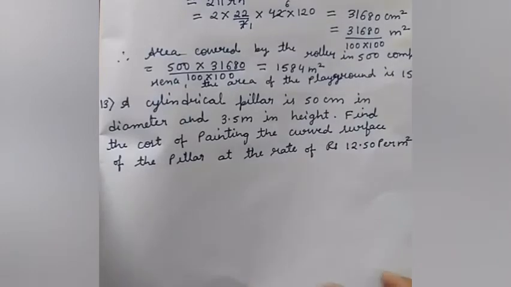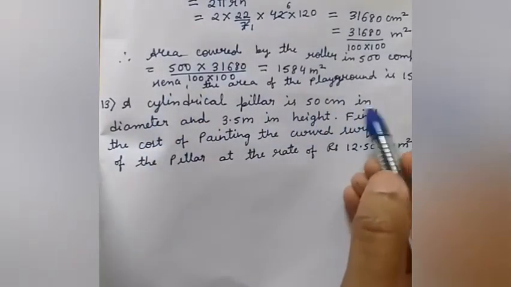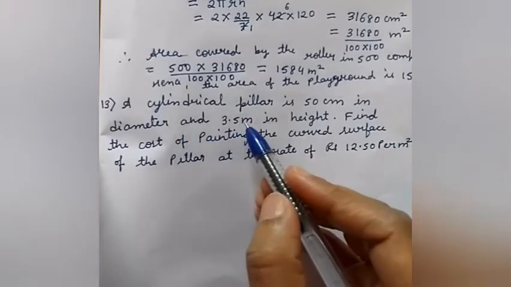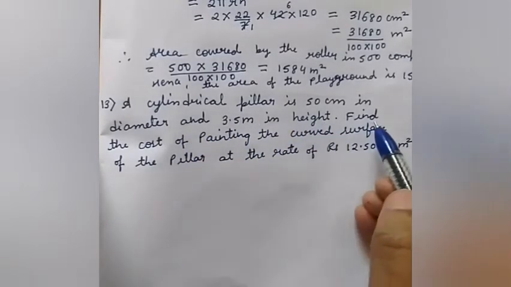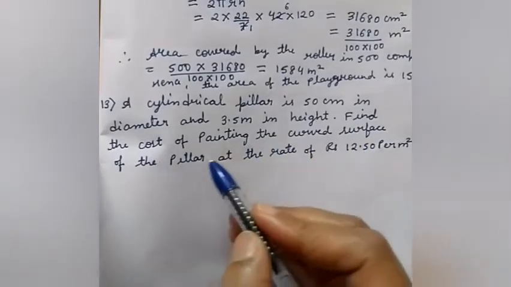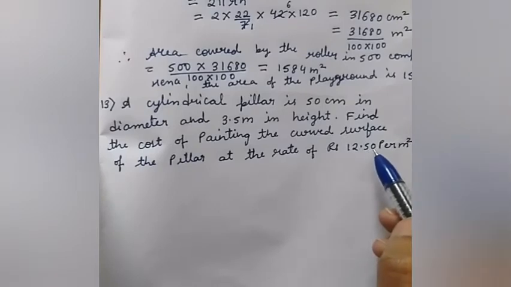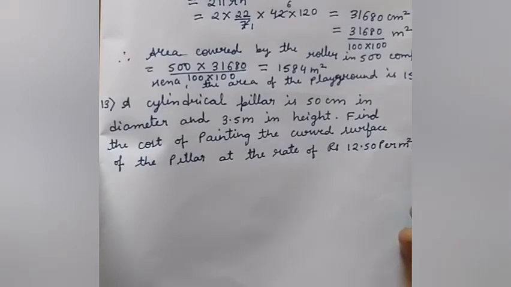Now the 13th question given here is, a cylindrical pillar is 50 centimeter in diameter and 3.5 meter in height. Find the cost of painting the curved surface area of the pillar at the rate of rupees 12.50 per meter square.